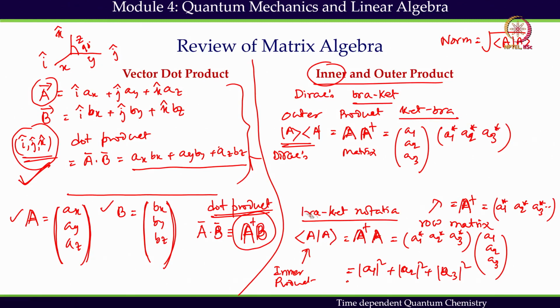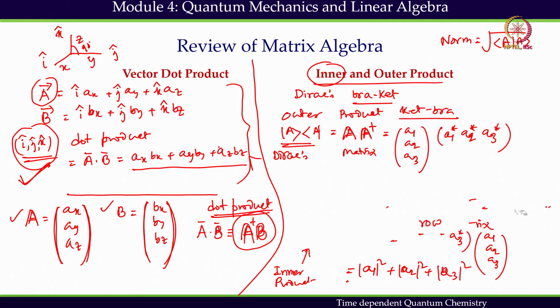Matrix multiplication we have to employ, following this way and this way. If we do that, in the end we get this matrix.